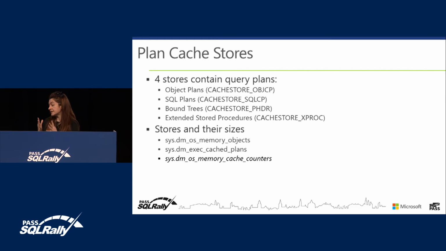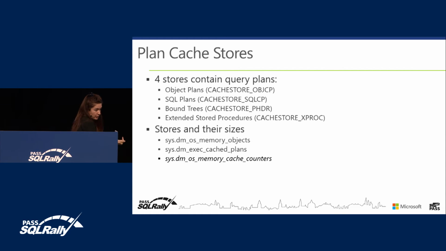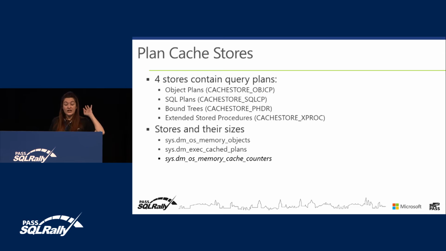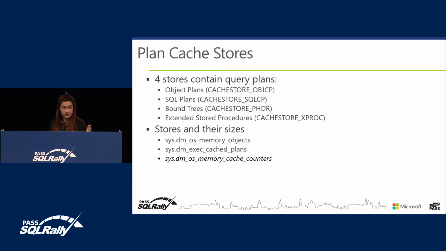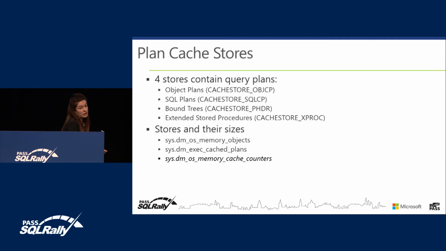And what is going on inside SQL Server when there is a memory pressure event. So there are four cache stores that store execution plans, sorry. So the object plan store stores stored procedures and functions, the execution plans of stored procedures and functions.